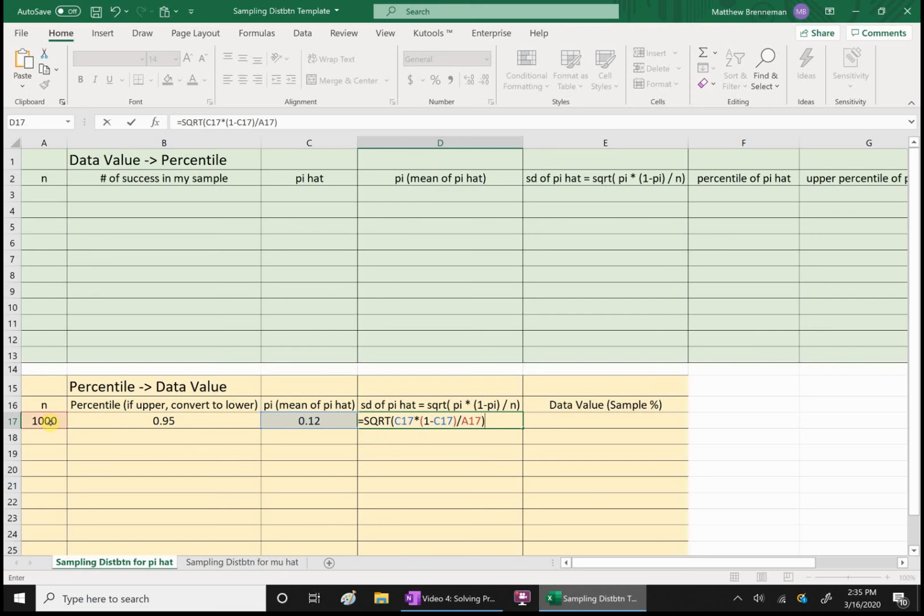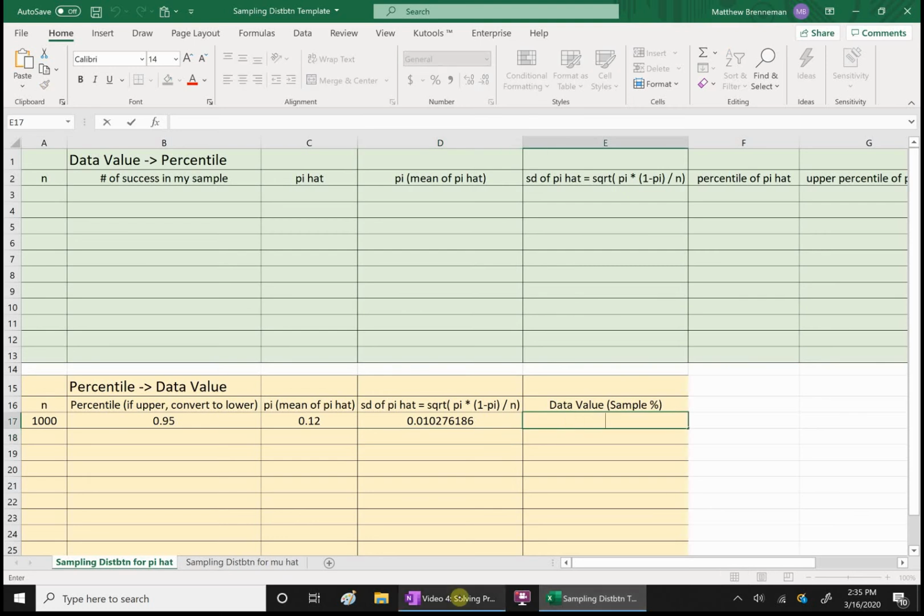Make sure that you have all of your nested parentheses balanced, okay? And I hit enter. Now I want the data value for the 95th percentile.